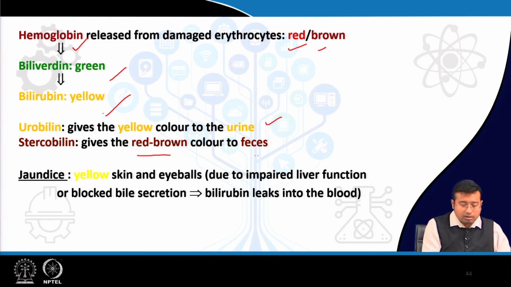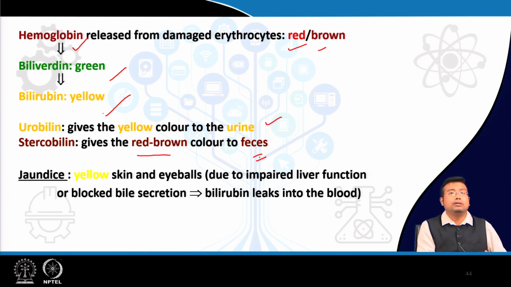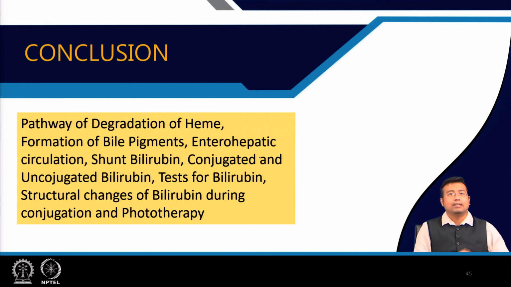Stercobilinogen gives a red brown color to the feces, and bilirubin normally does not give any color, but if it is raised for some reason, either impaired liver function or a block in excretion, it rises in blood, leading to hyperbilirubinemia and jaundice.